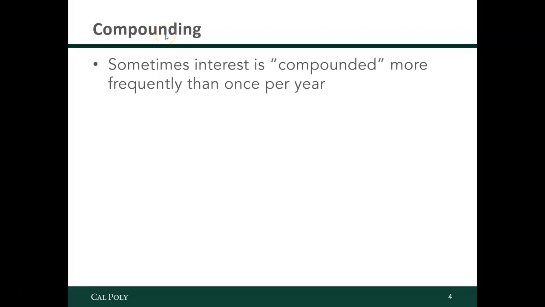All right. Sometimes interest is compounded more frequently than once per year. And in that case, you use a formula to calculate the effective interest rate. And this is something that you can just remember.